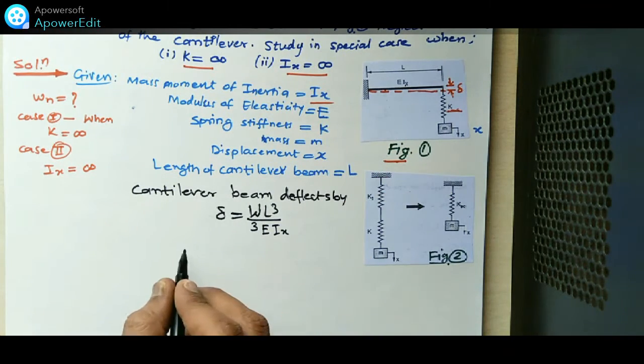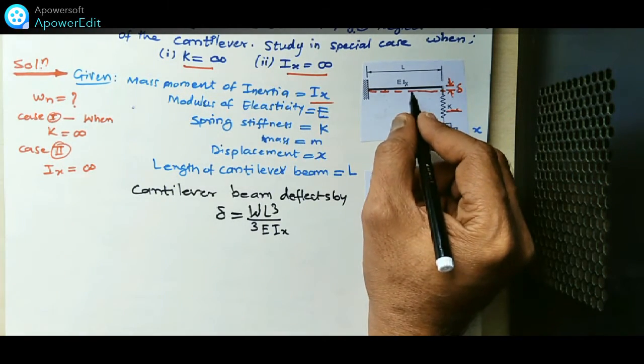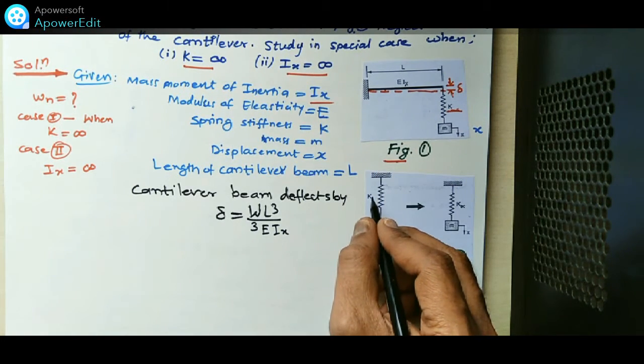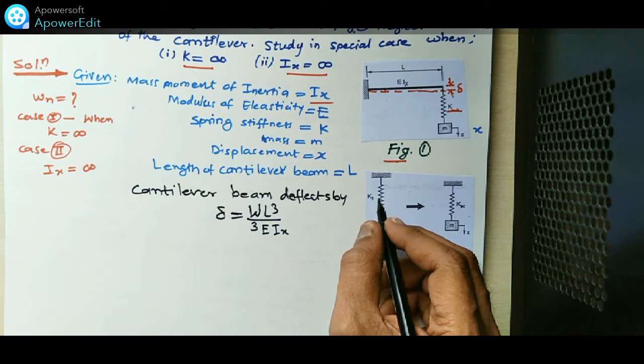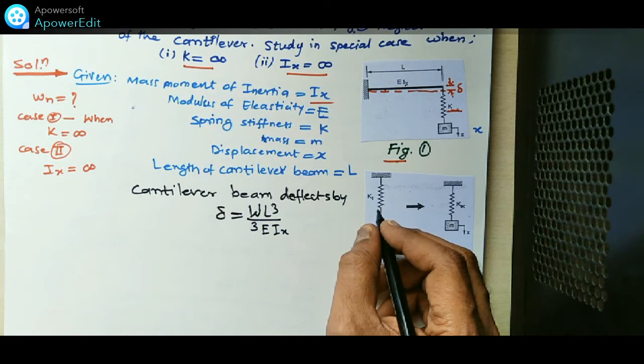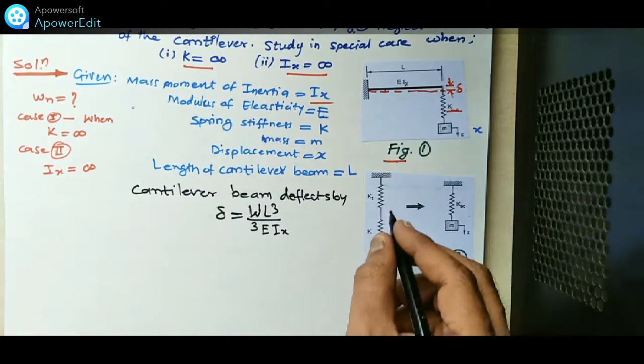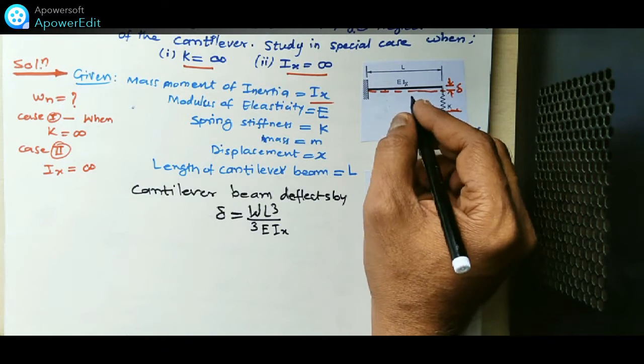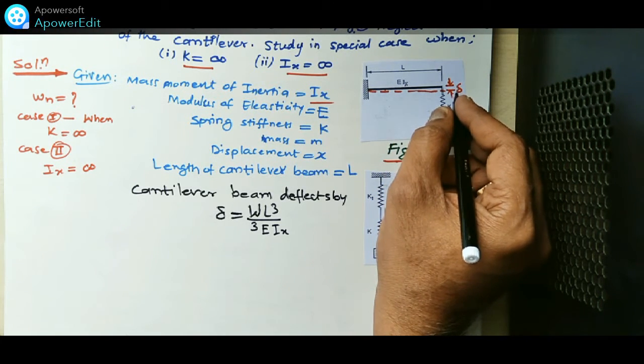Next, what do we have to find out? This beam we are considering here, we are considering it as a spring. In this case, this beam behaves like a spring, and it will have deflection delta.